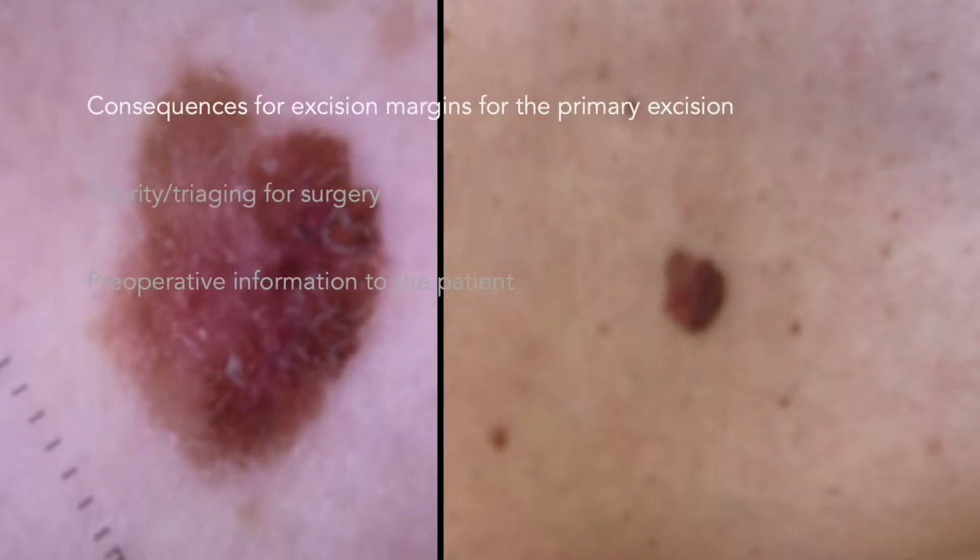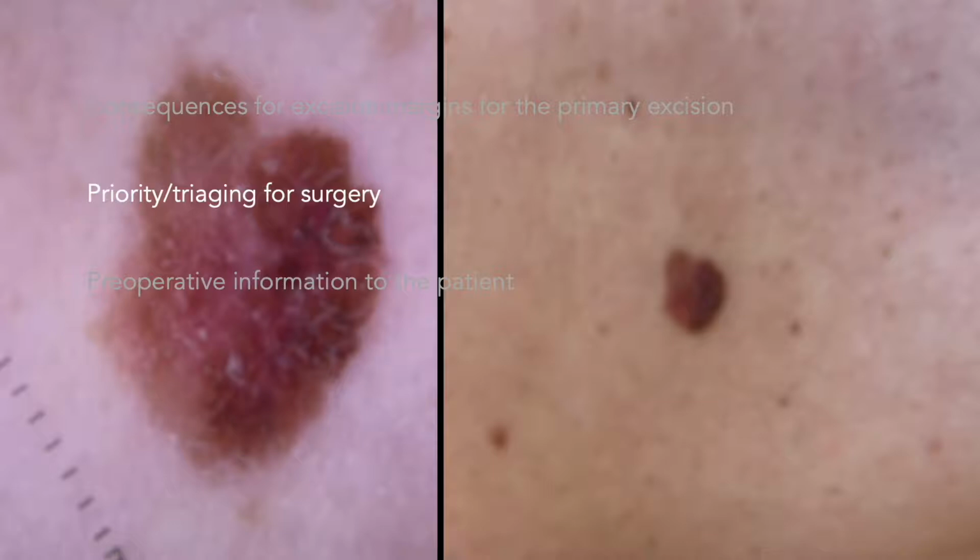But why is this issue really important? We know that suspicious lesions should be excised anyways. Well, it might have consequences for decision margins for the first primary excision, and it might also be important for priority and triaging purposes for surgery, which is often limited.